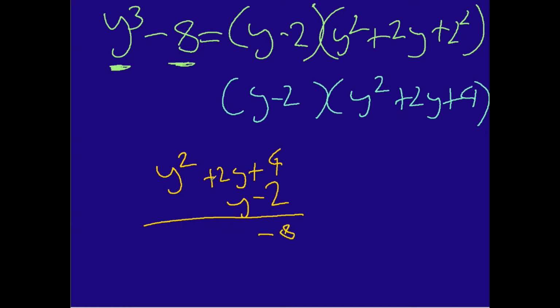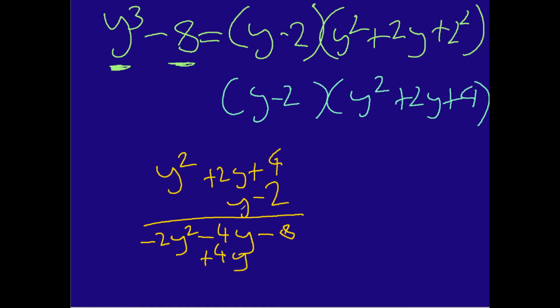Negative 2 times 2y is going to be minus 4y. And of course, negative 2 times y squared is going to be negative 2y squared, like so. Moving on, y times 4 is going to be positive 4y.